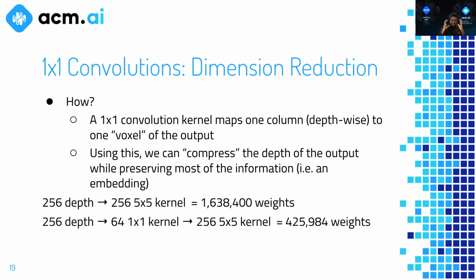Those spatial dimensions are going to be preserved with 1x1 kernels, because if you think about it, with just a singular weight, a 1x1 kernel convolving over an image, you're literally just multiplying that single value with every single value in that input volume. So the 1x1 kernels don't mess with the spatial dimensions you receive. And that's what we want. We want to maintain the spatial dimensions. Our goal here is to compress the depth of the image.